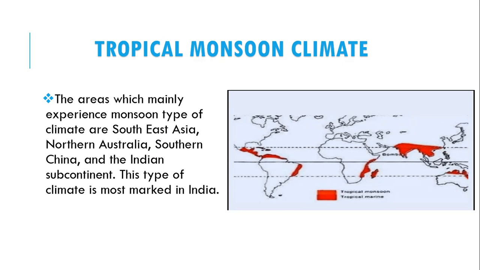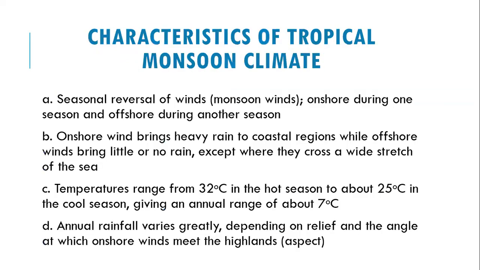As you can see in the map, all those places showing the landmark are called the tropical monsoon and also the tropical marine, which we are going to see later on. So this tropical monsoon climate is experienced within these places: Southeast Asia, Northern Australia, Southern China, and mostly the Indian subcontinent. Now let's see the various characteristics of tropical monsoon climate.